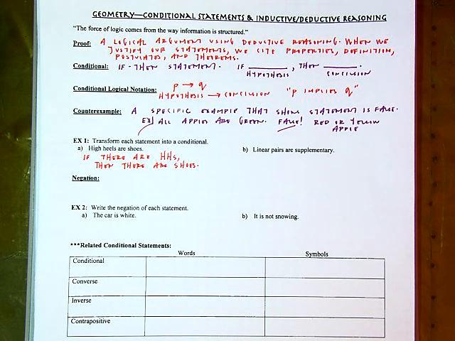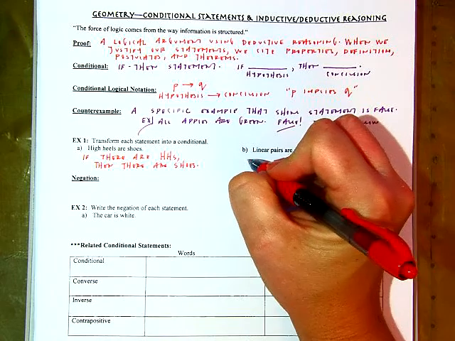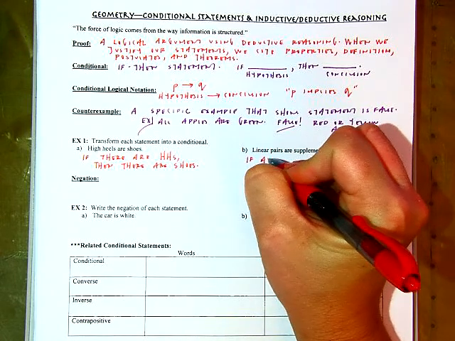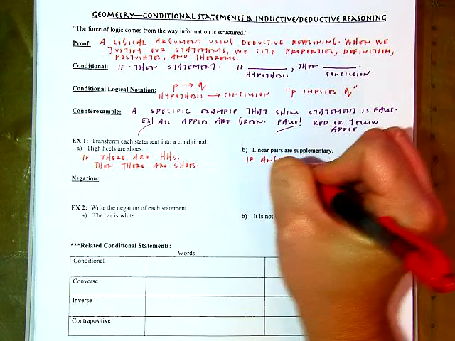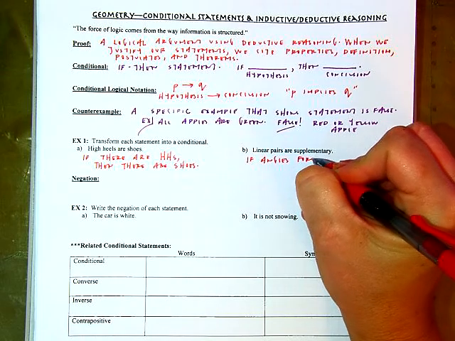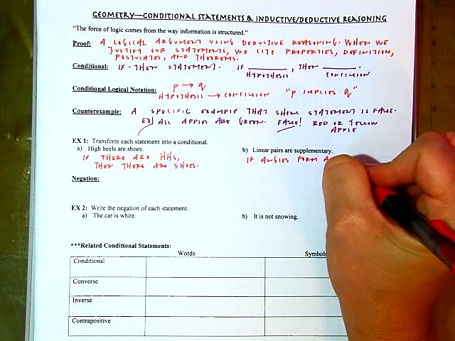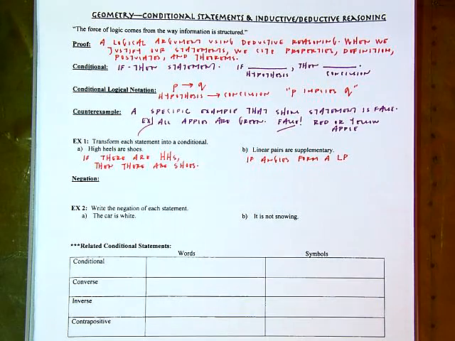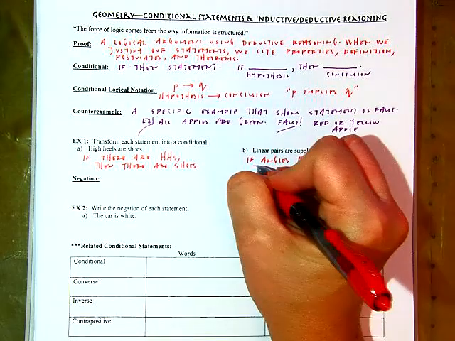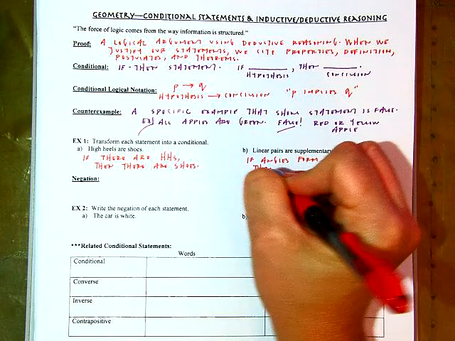Okay, for B, linear pairs are supplementary. Okay, so again, a few filler words is fine. So I'm going to say, well, if angles form a linear pair, then they are supplementary.